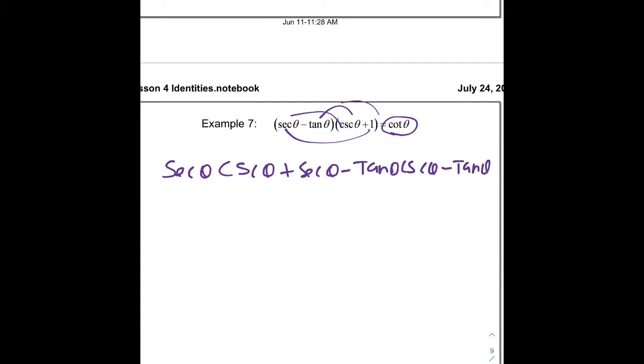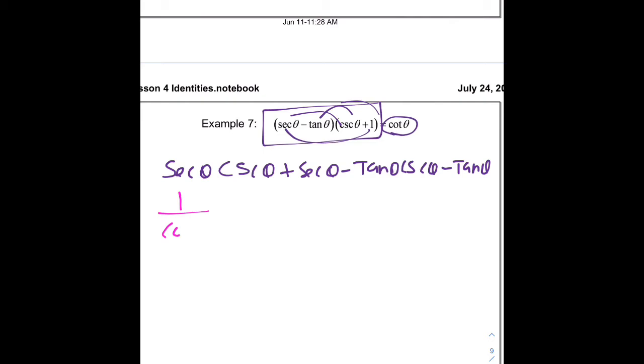Notice how all I did was some algebra to one side. So at this point, friends, you can't add a tan to both sides. All I can do is simplify this expression, and our goal is to make it look like the cotangent of theta. So this is a hot mess. I have all kinds of trig functions, so now I am going to put everything in terms of sines and cosines.